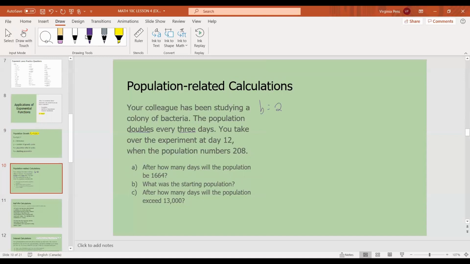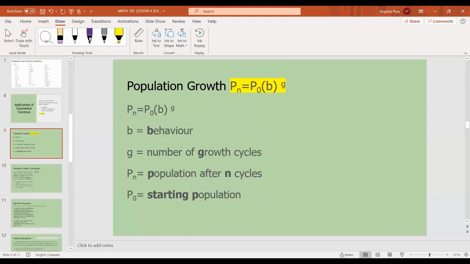G, the number of growth cycles. So how many days will the population be 1,664? Are we given the G value on this even? So day 12 would be, what would that be? Let's see.